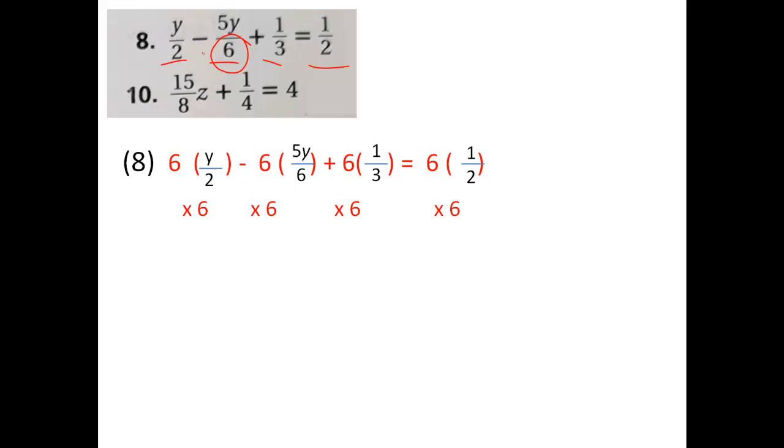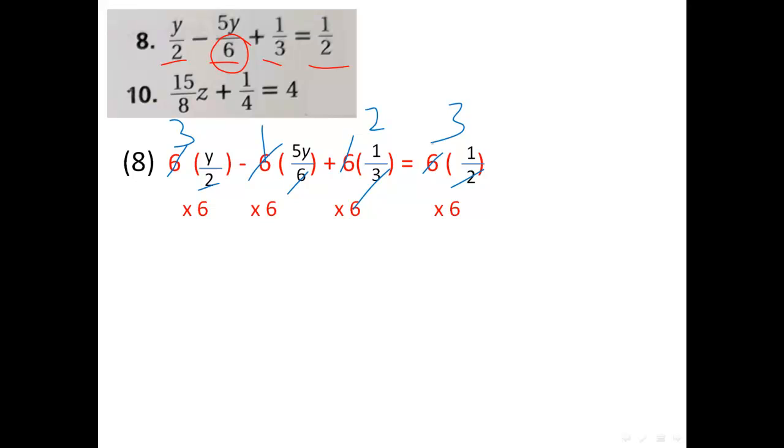First one: 6 with 2, 6 divided by 2 is 3. And 6 with 6 is 1. 6 with 3, 6 divided by 3 is 2. And 6 with 2 is 3.